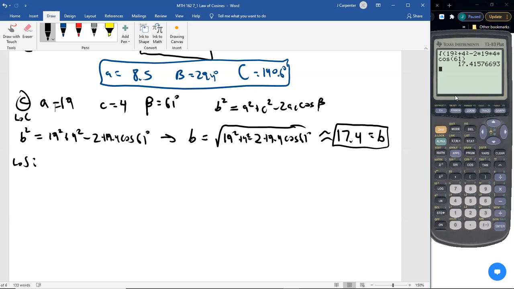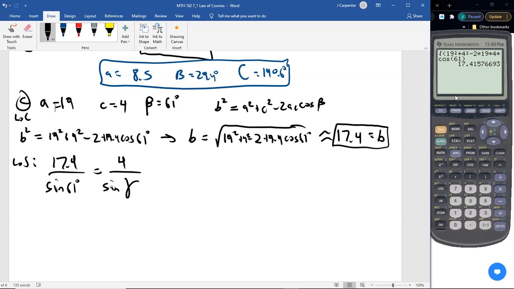So what do we have completed? We have the B's completed. So we're gonna go 17.4 over the sine of 61 degrees, that's the B over sine of B, equals C over sine C, so 4 over sine of capital C, or gamma in this case, since I'm going Greek. Now, once again, rounding this to the nearest tenth, putting it in here, that causes error propagation.